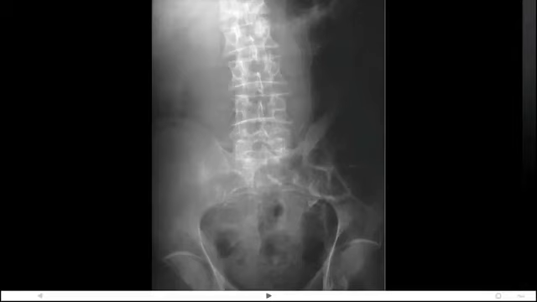In this film, which may at first glance appear to be a poorly positioned and poorly penetrated film, we can also see the presence of intramural thickening and calcification overlying the lumbar region. This is most likely to be consistent with an abdominal aortic aneurysm.